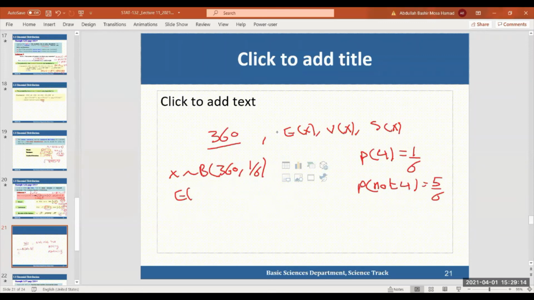Expected value, we just multiply n by p: 360 multiplied by 1 over 6 is 60.